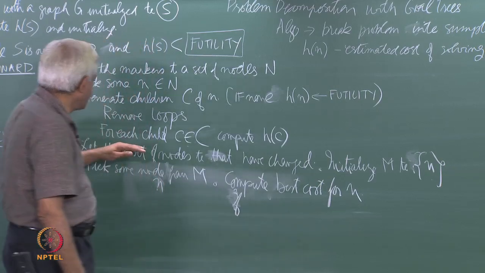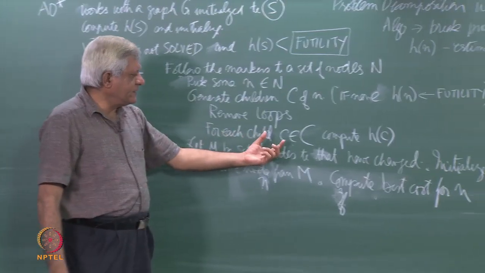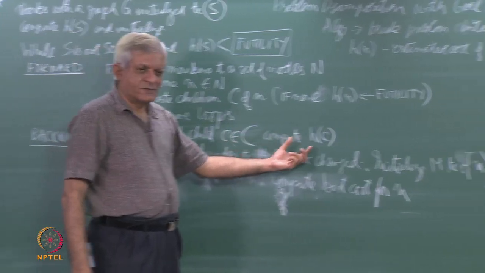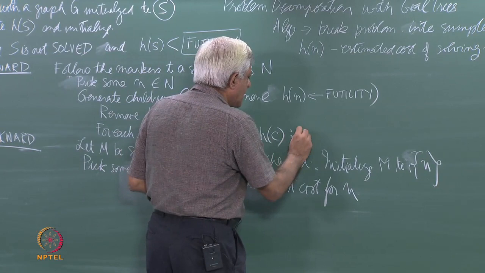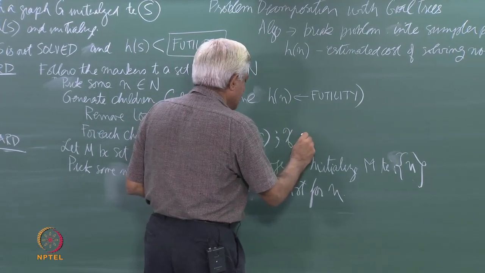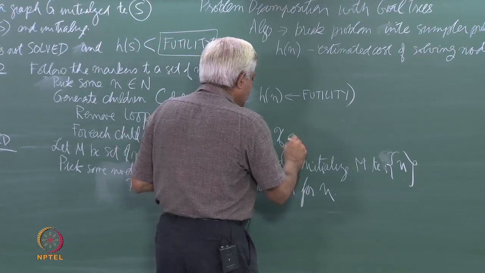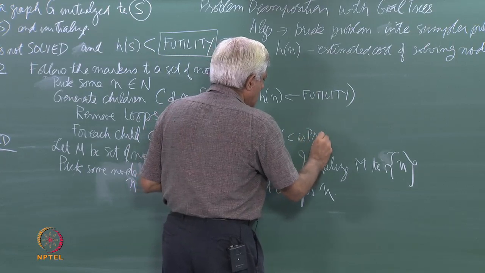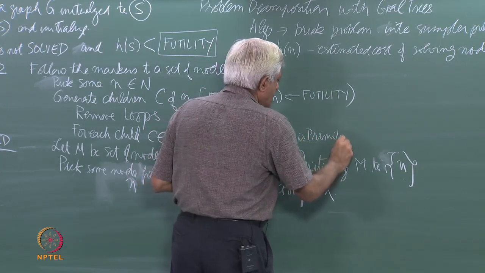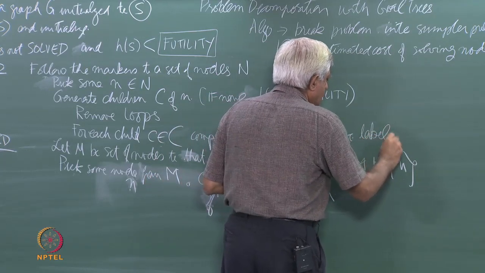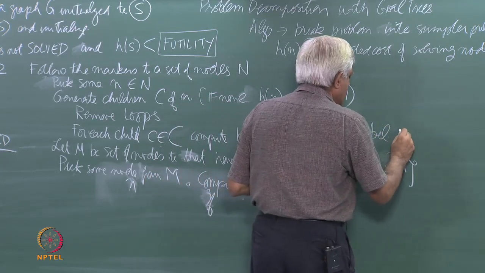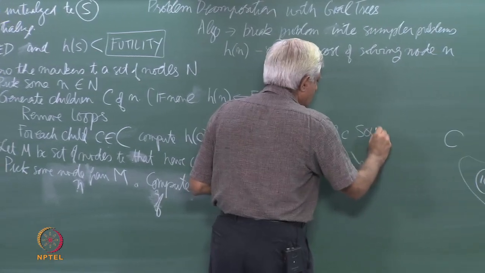so I must do another thing here before that. For each child C, compute h of C. I must have another step which says that if C is primitive, label C solved.